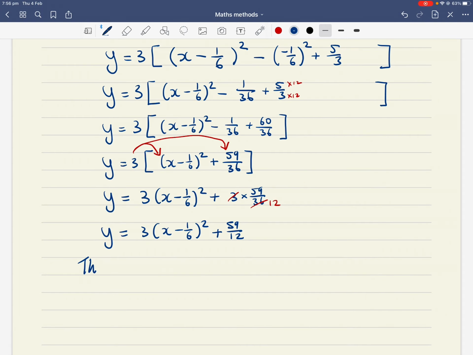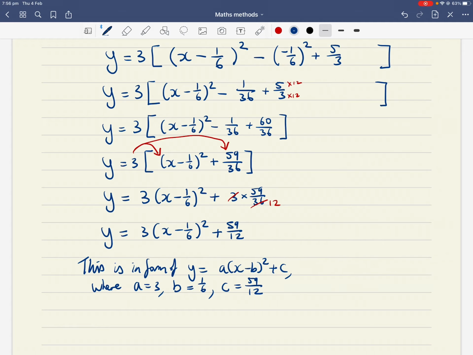And so this is then in the turning point form. So this is in the form of y equals a(x minus b) all squared plus c, where our a is 3, our b is 1/6 because it's minus b, it's minus 1/6, and our c is 59 over 12.